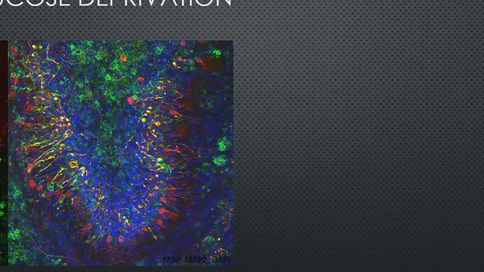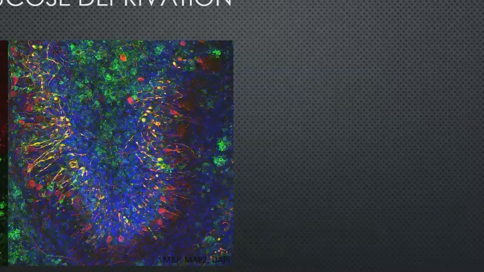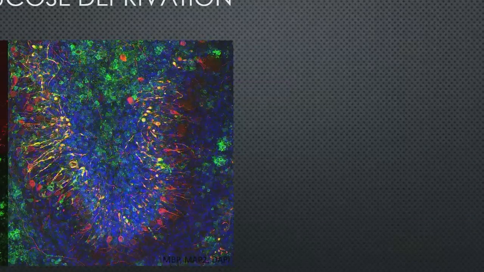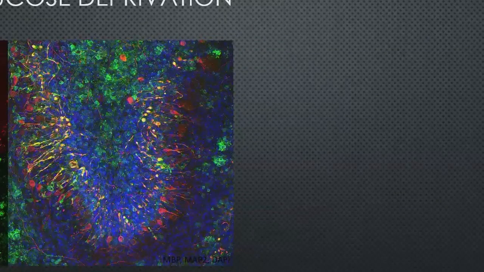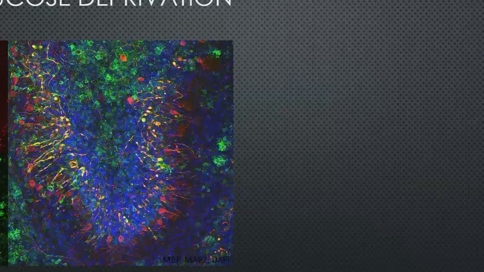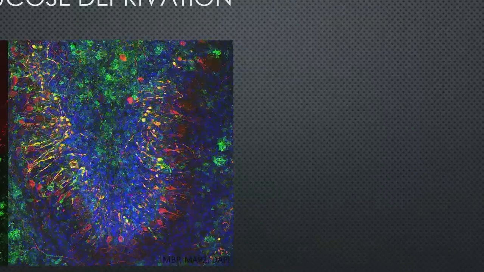You can see these beautiful images of MAP2, which labels neurons, and MBP, which is a component of myelin. Myelin is the insulation around nerves, and it's incredibly important for maintaining synaptic transmission at the proper speeds. And then you can see the cell bodies in blue.